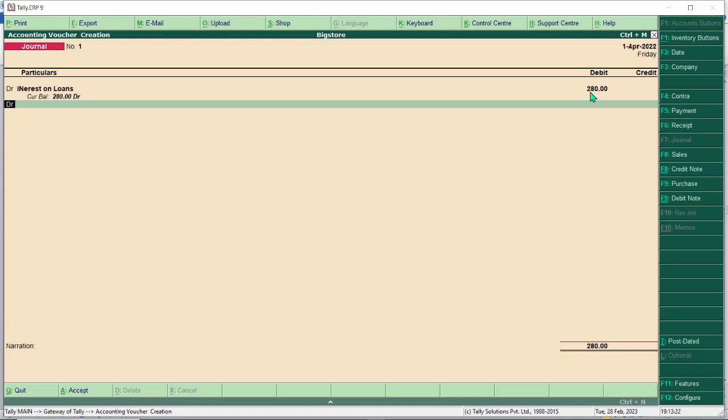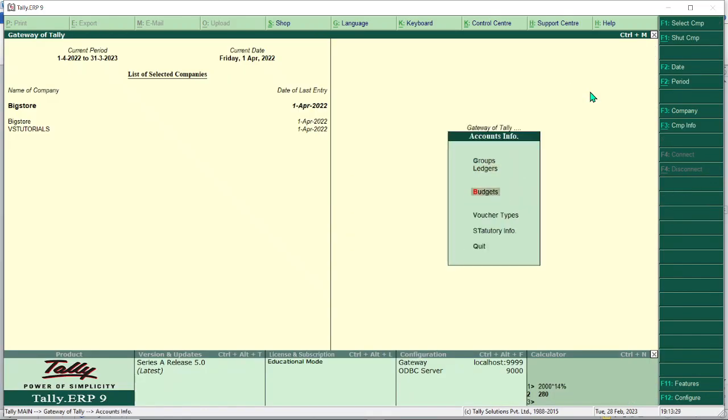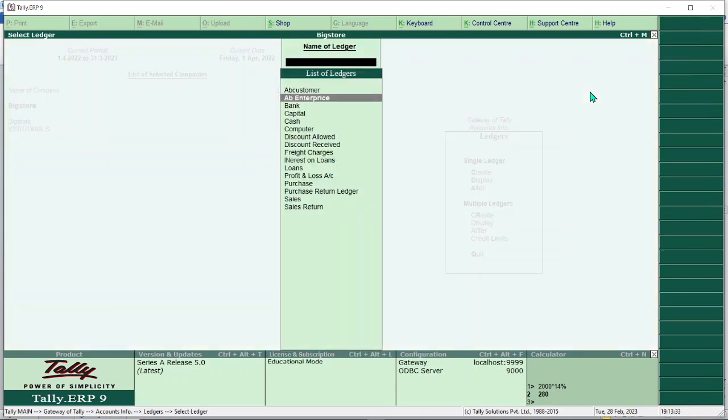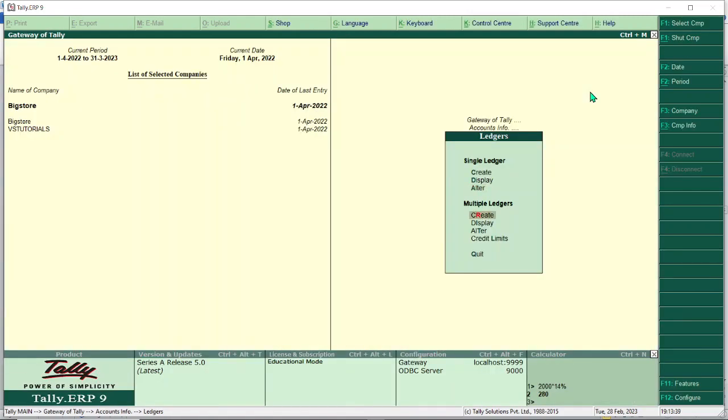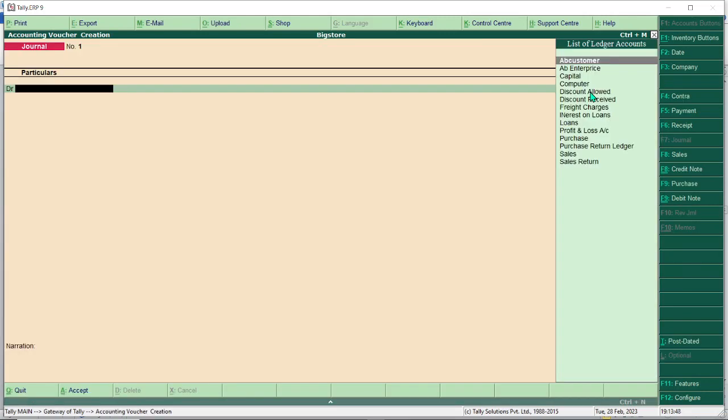Interest. So I have to first take loan. I have not taken loan yet. So I have created a ledger on loan. I have taken loan of 2000 rupees and now I want to pay back the loan.